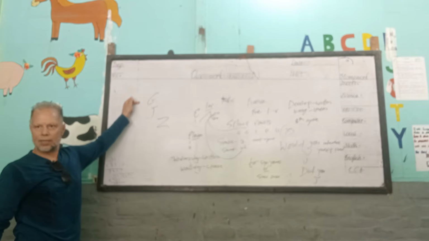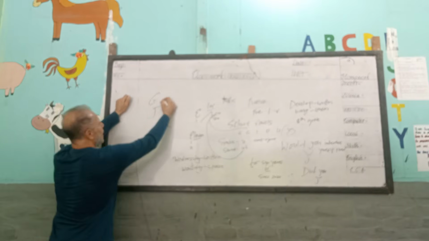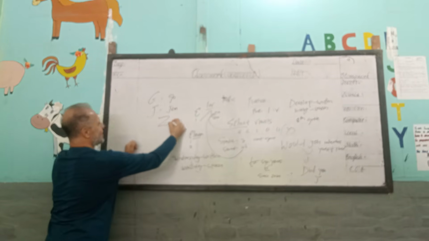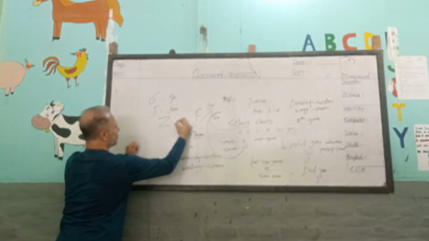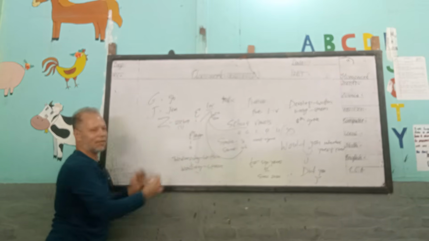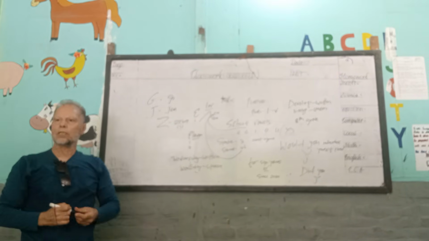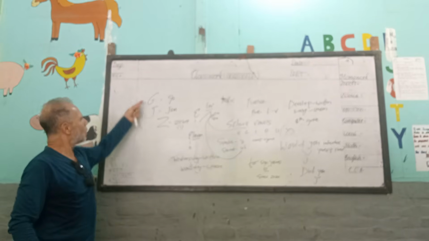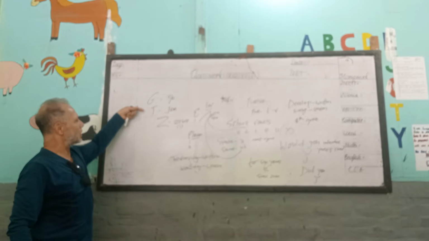G is a go. This is I, zebra, zebra. We say zebra crossing, yes? We don't know if you're using this or this.